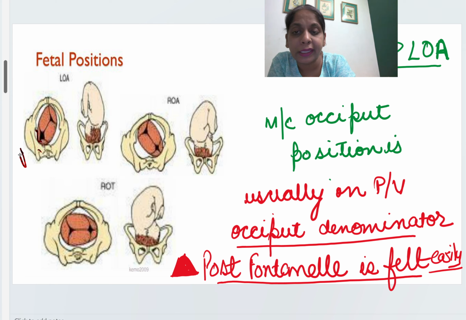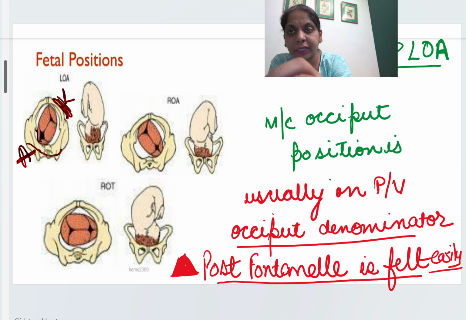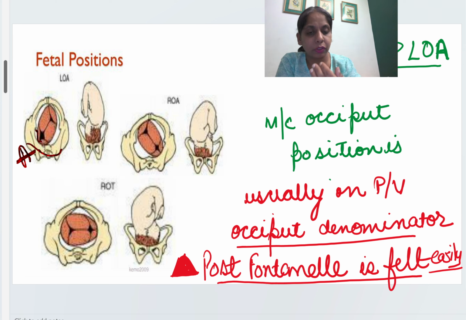So the anterior part of the fetus is at the posterior, and the posterior part is in the anterior. And which part of the pelvis is this? Left part, because when the patient lies in lithotomy, the patient usually faces us, so this is going to be opposite to the direction in which we are.